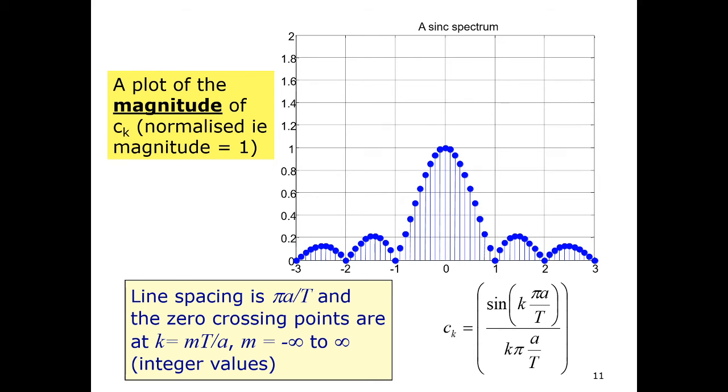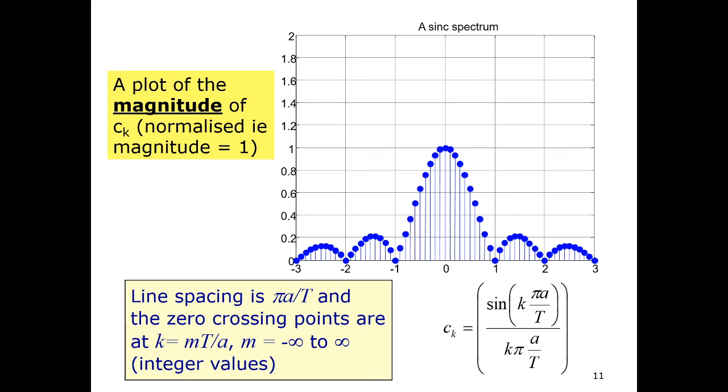And what we can observe here is that the line spacing is going to be pi a divided by t, and the zero crossing points are going to be k equal to mt on a, where m goes from negative infinity to positive infinity, and m also only uses integer values. Now, note that as t increases, these lines that you observe here for the sinc spectrum are going to get closer together.